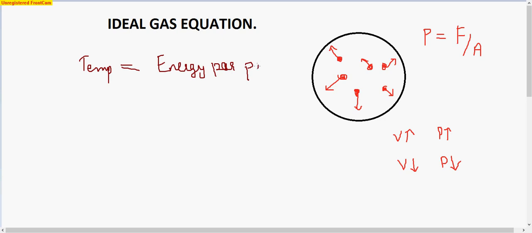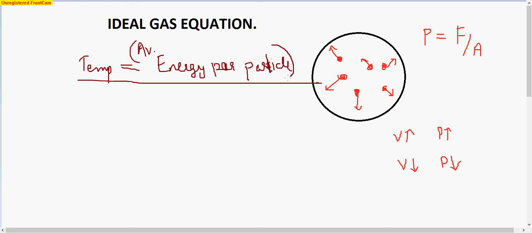That is what temperature is. It's actually an average, so we take the average energy of different particles, and that is the temperature.